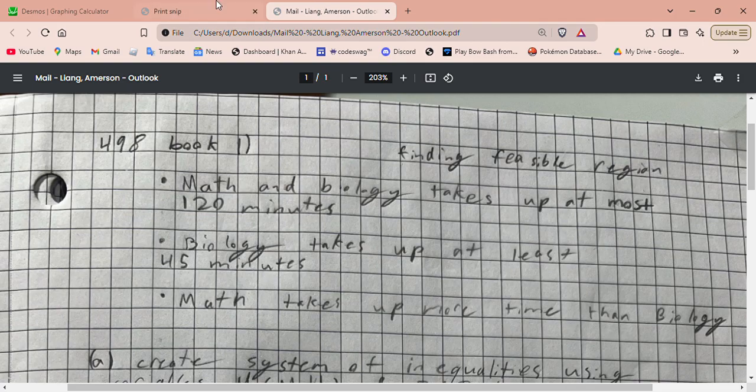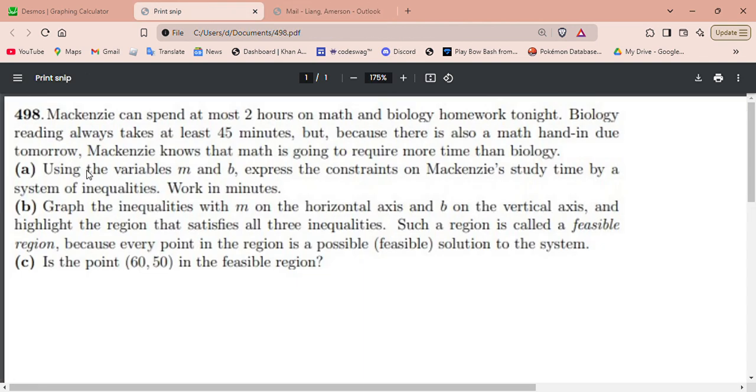Moving on to part 1 of the question: using the variables m and b, express the constraints on Mackenzie's study time by a system of inequalities. Work in minutes.